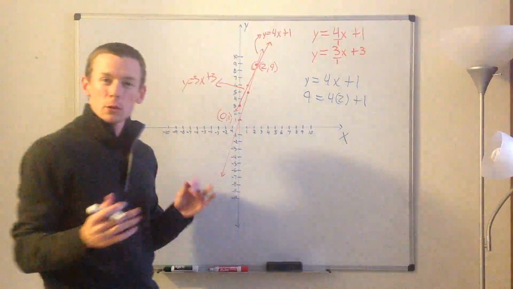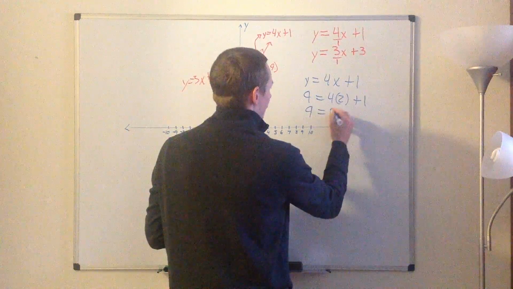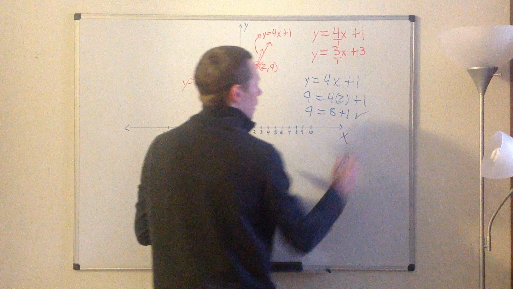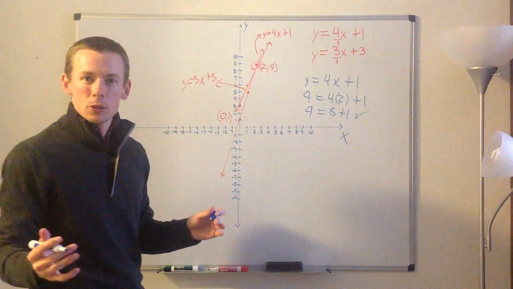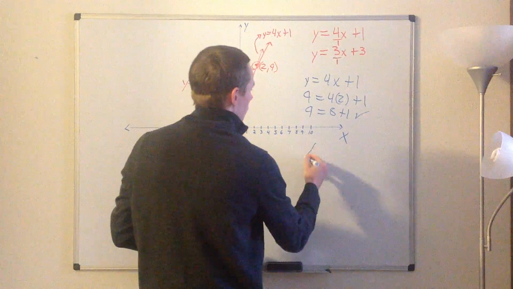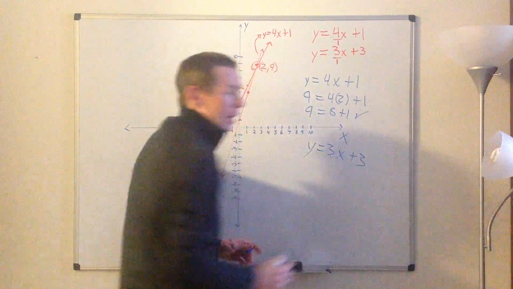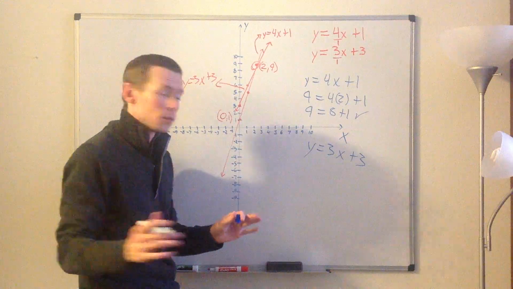So we have 9 equals 4 times 2 plus 1. Does 9 equal 8 plus 1? Absolutely it does. So let's check the other equation. Again, I'm going to put in 9 for y and 2 for x.